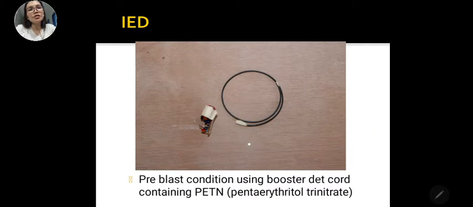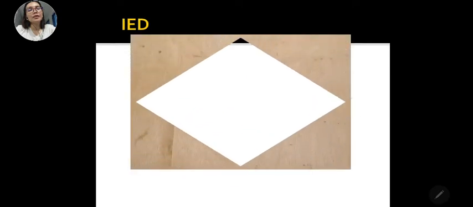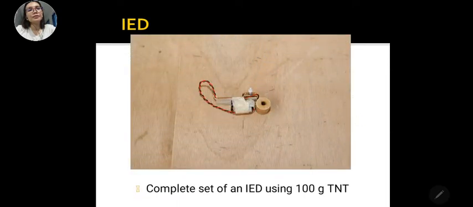So there is the booster detonating cord containing PETN or pentaerythritol trinitrate. PETN is an explosive ingredient. This is a complete set of an IED using 100 grams of TNT or trinitrotoluene, that is an explosive.